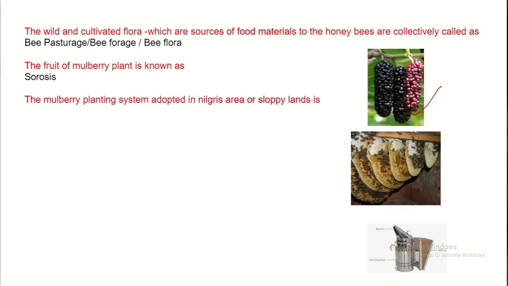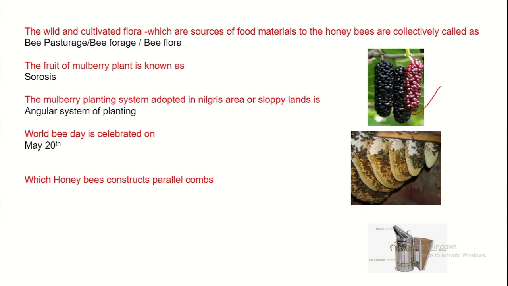The mulberry planting system adopted in the Nilgiri area or sloping land is the angular system of planting. World Bee Day is celebrated every year on May 20.